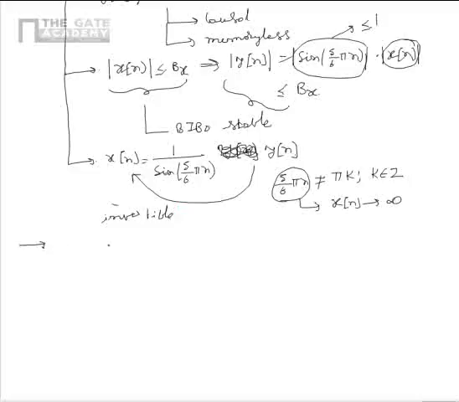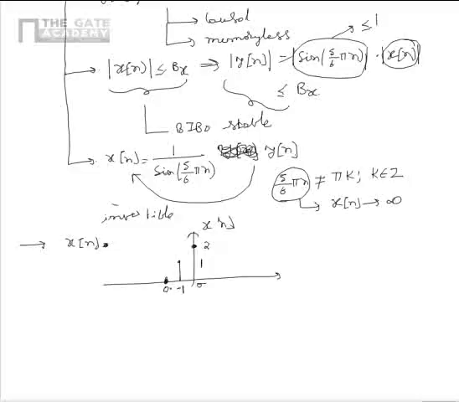Now, let us consider another problem in which there is a signal x of n which is given as shown in the figure. The signal x of n at n equal to 0, its value is 2.